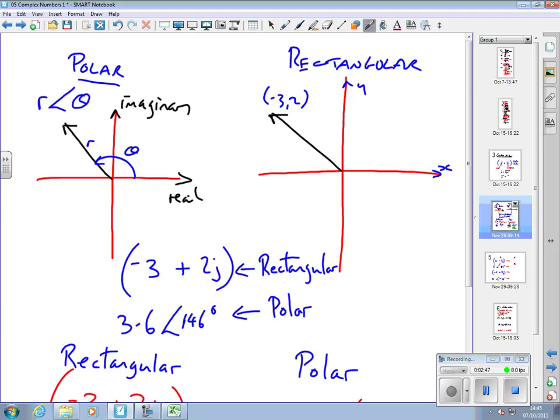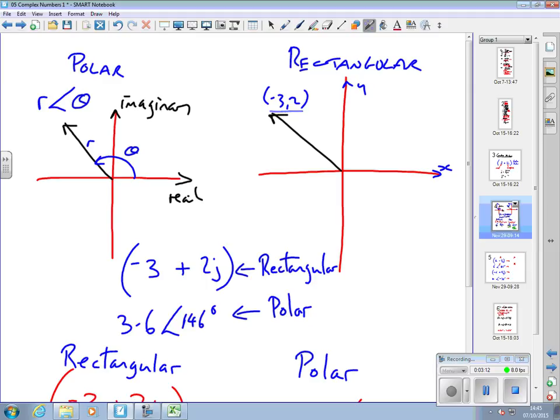It's giving us a magnitude of the vector, which is the length of this line, r, here, but also an angle. And the angle is always measured, as we've done already, from the positive real axis, anti-clockwise being positive. So I can represent my vector either on the Cartesian or rectangular coordinate system or on the polar coordinate system.